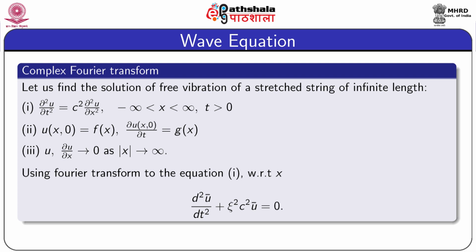So, first of all, we take Fourier transform of the equation written in 1 with respect to x. After taking Fourier transform, the equation becomes d²ū/dt² + ξ²c²ū equals 0, where ū is the Fourier transform of u with respect to x.